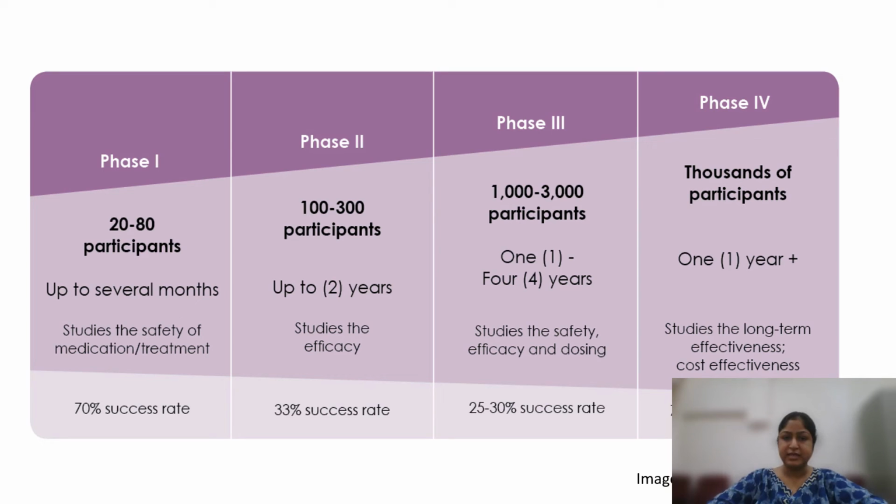In phase 3, there would be around 1,000 to 3,000 participants, and it studies the safety, efficacy, as well as dosing of the drug. And in phase 4, there would be thousands of participants, and it measures the long-term effectiveness and cost effectiveness of the intervention.